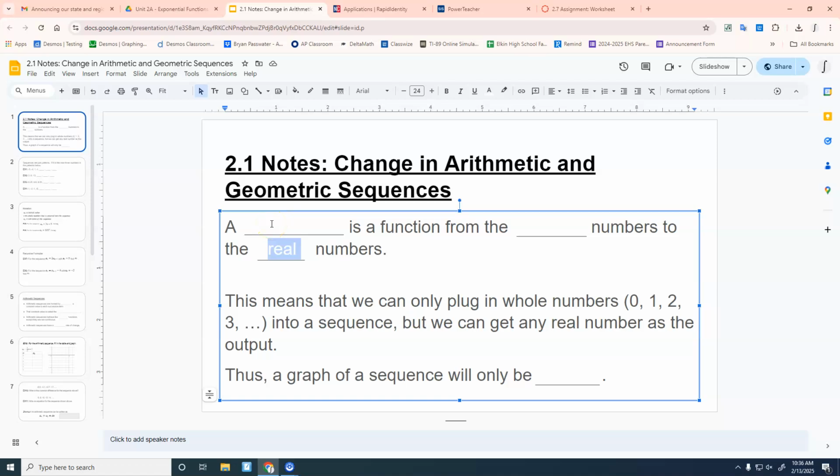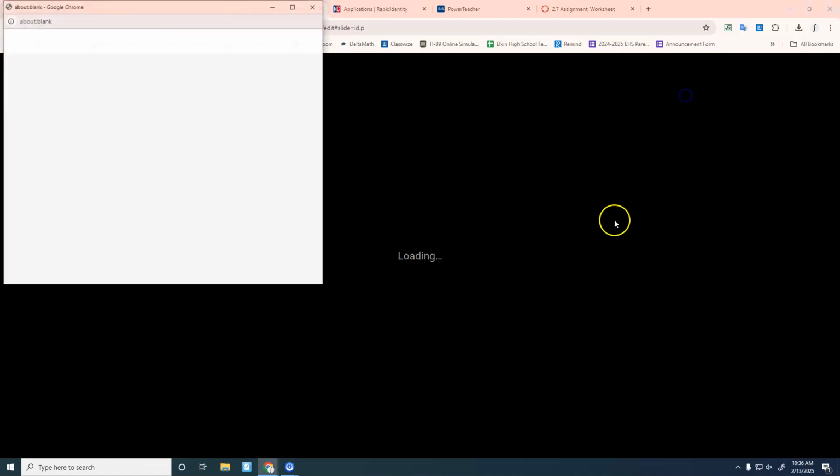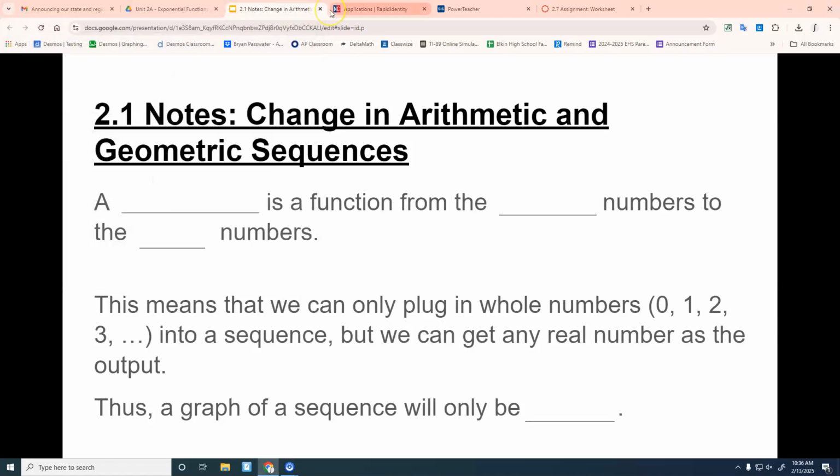Integers include negatives. Okay, that makes sense now. It can't be negative. Sorry, I have to refresh my memory here. So let's try that again. I'll get you a copy of this. Alright, so that should say a sequence is a function from the whole numbers to the real numbers.